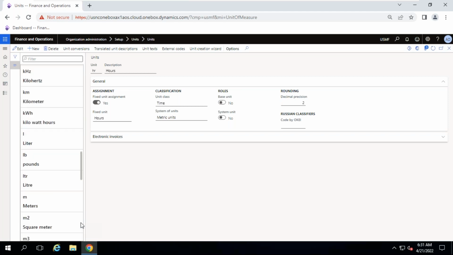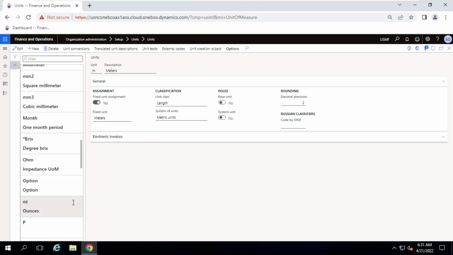There are so many, based on liters, meters. If it is a length, it is meters. So whatever way you want, you can calculate in the system. By default, it will not be there. You need to create units by clicking new, or you can use the unit create wizard. Either one you can use. In the demo data, it is available by default.